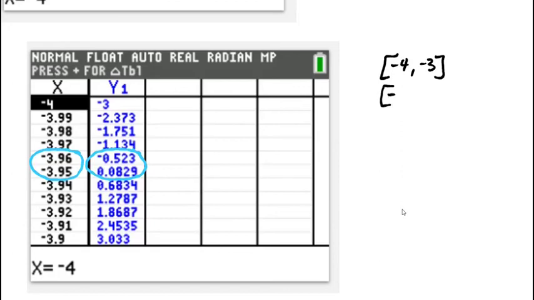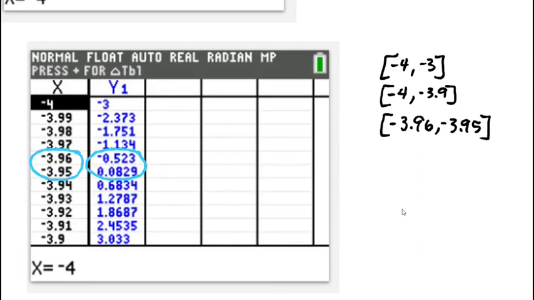Then we narrowed that down to be in between -4 and -3.9. And now we're narrowing it down to be in between -3.96 and -3.95. So we want to go one more iteration of this so that we can have our 0 accurate to 2 decimal places.